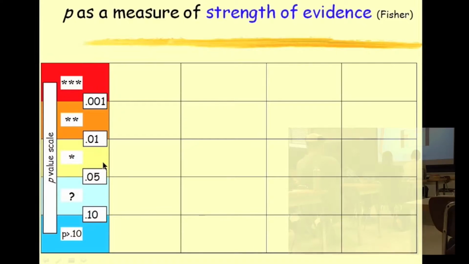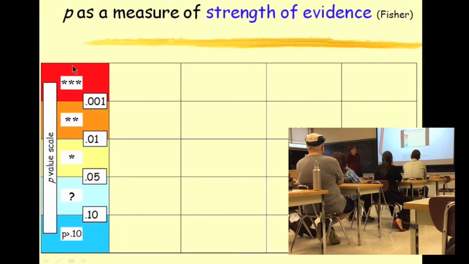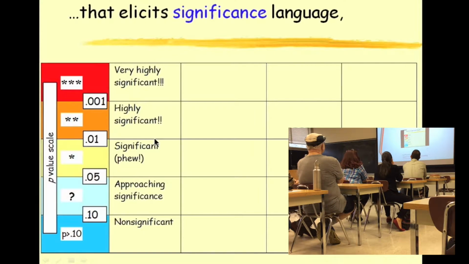So let me speculate. I think that usually people think about P in terms of intervals like this. So P less than 0.001, 3 stars, all the way through to P greater than 0.10. And think of P as a measure of strength of evidence. And this elicits significance language from very highly significant down through here, and values between 0.05 and 0.10 approaching significance.